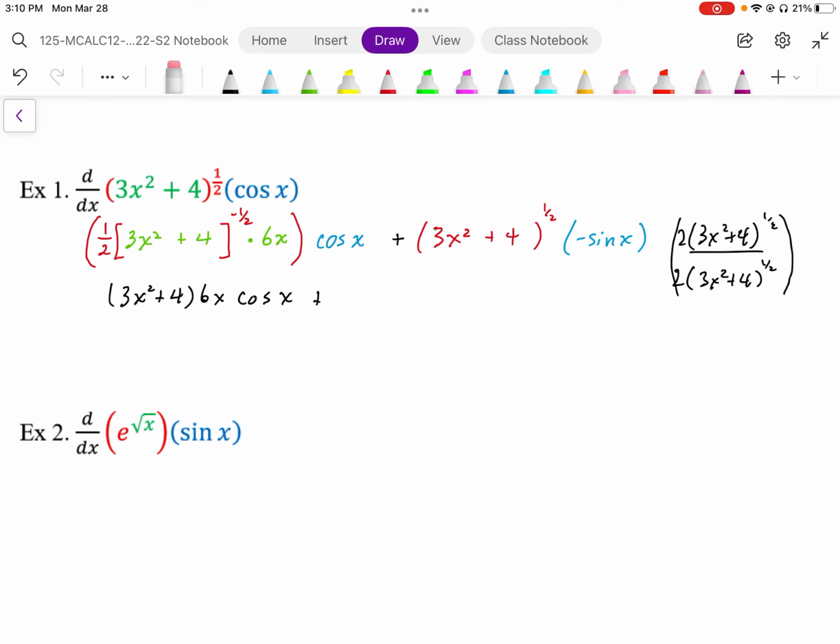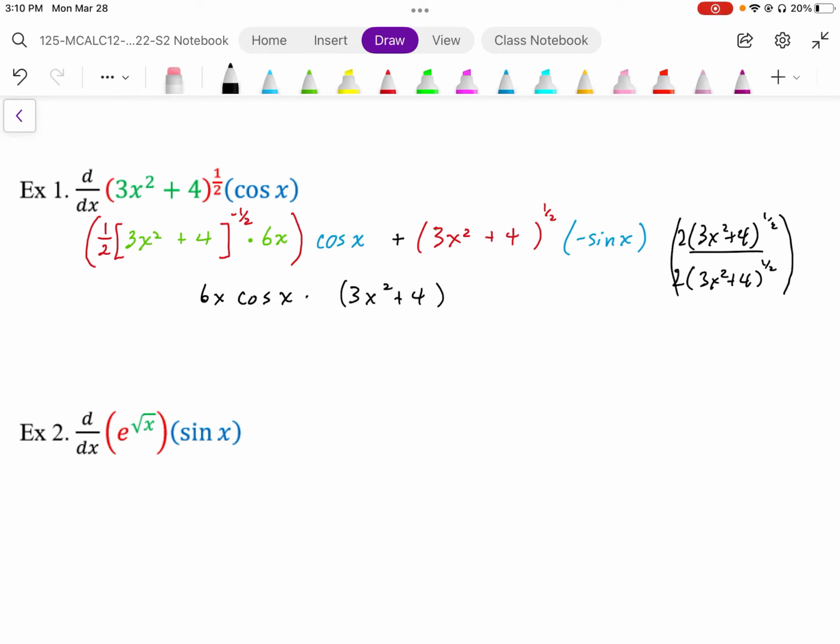Oops, sorry, this is going to cancel out. I'm going to lose that 1/2 power exponent and the divide by 2 there. Then I'm going to end up with plus 3. The 1/2 powers cancel. They're going to make it 1 whole power, so I get (3x squared plus 4) times negative sine x.